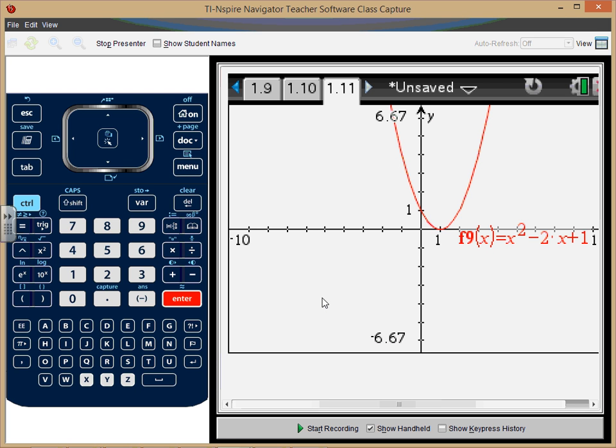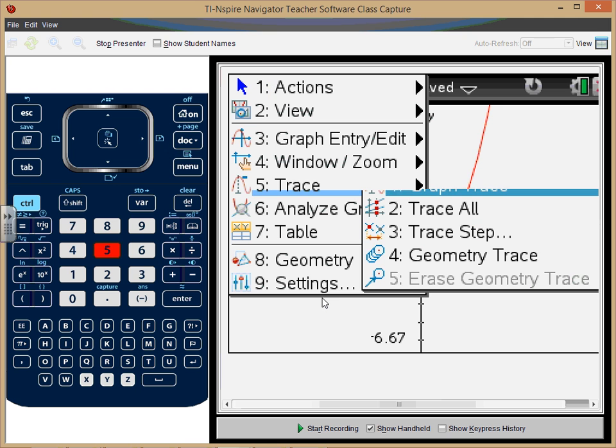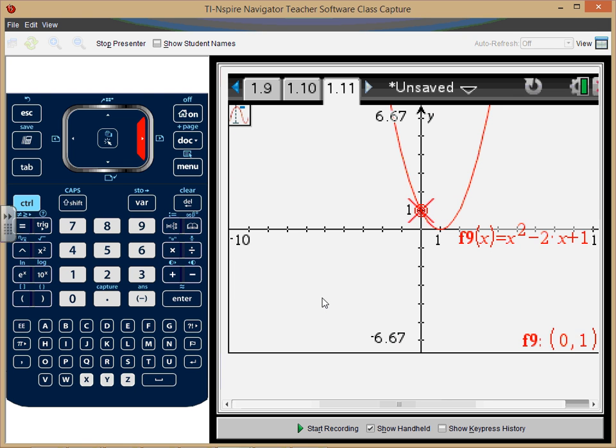Does the graph match our answer? Yeah. Can you analyze the graph to show us what the 0 is? Just in case. What if it's like 0.095? I want to know that it really is 1. Okay, good. So there's a 0 right there, and the 0 is at 1. So he did graph trace. You can also do, if you remember, analyze graph 0. And you have 2 options there.